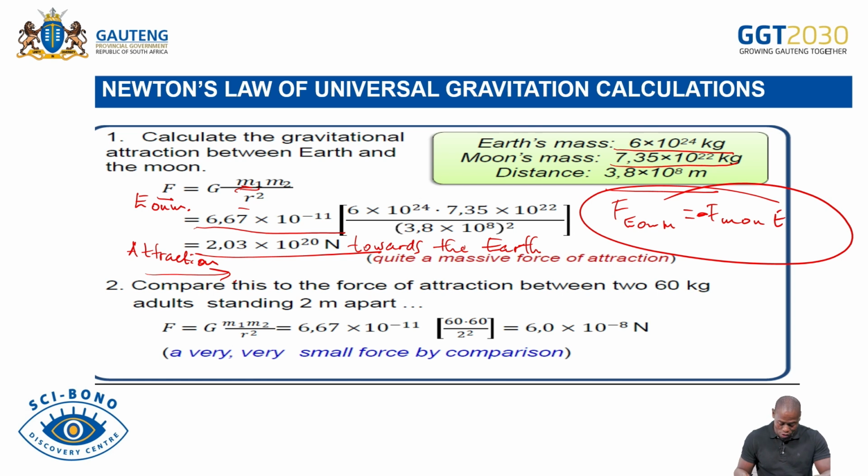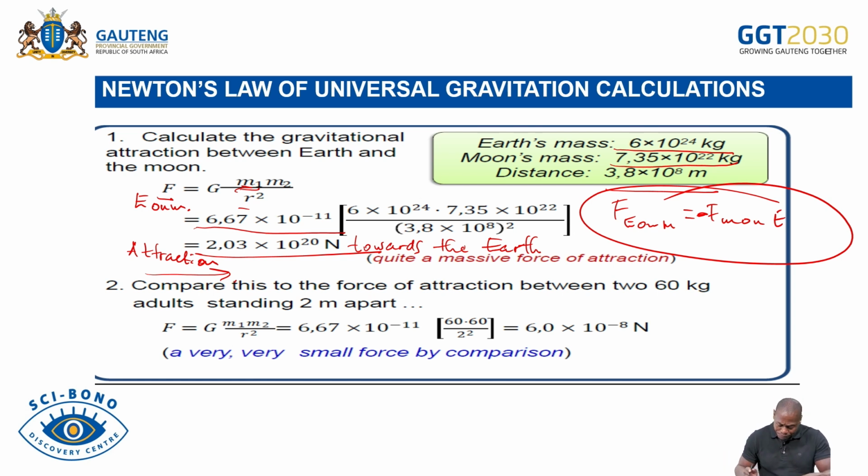So here they're saying compare this to the force of attraction between the 60 kilogram adults standing 2 meters apart. Here the equation is F equals G m1 m2 over r squared. So it's 2 adults; there's m1 and m2, there's no m3.